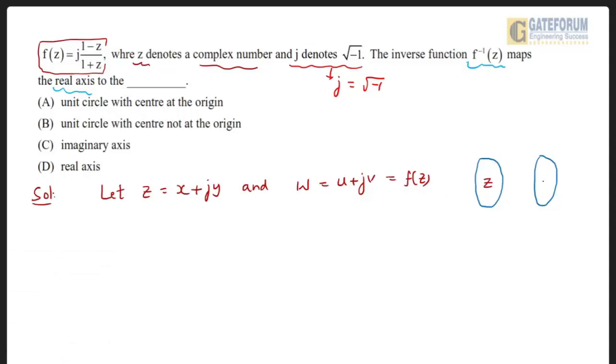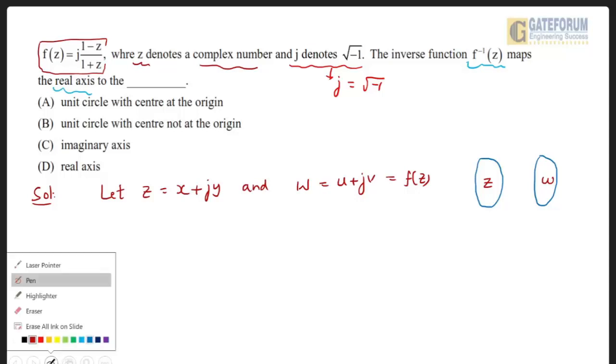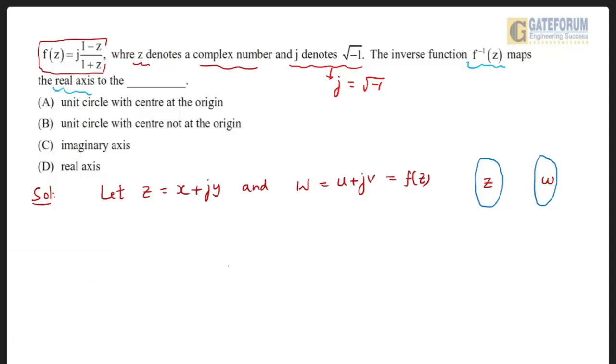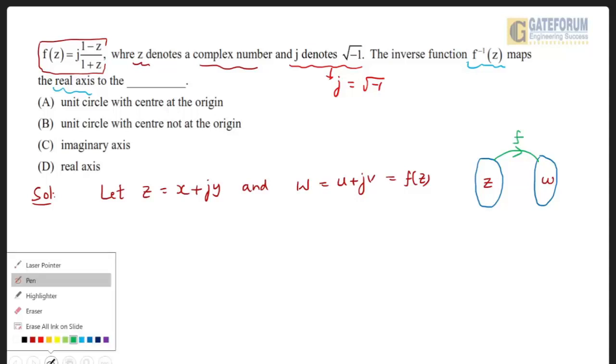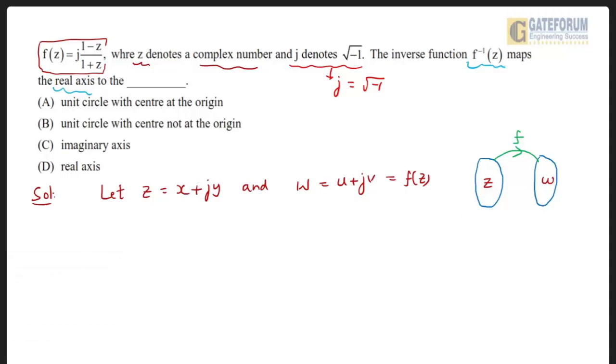This is Z and this is W. Now, if I connect like this, it is a mapping, f is a mapping from Z to W. If I connect from W to Z, this is called the f inverse mapping. F inverse, and this is f of Z.